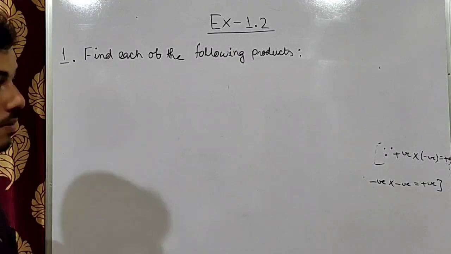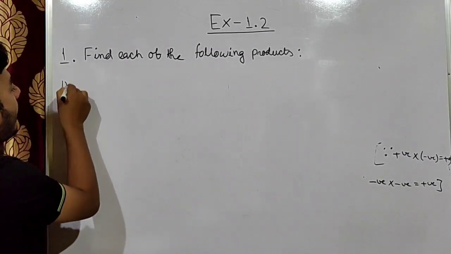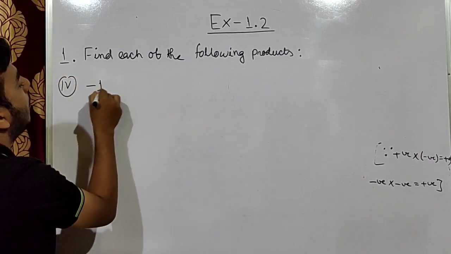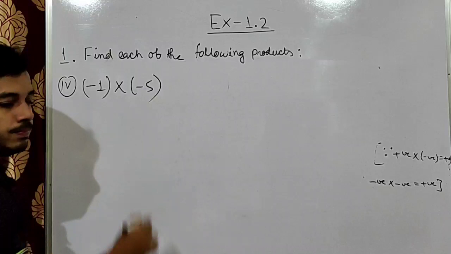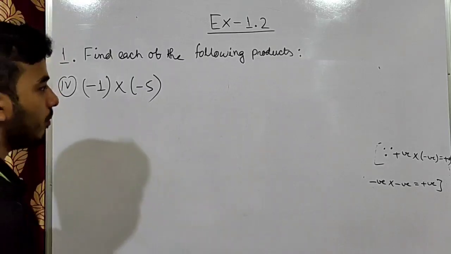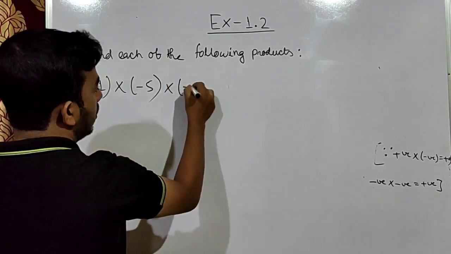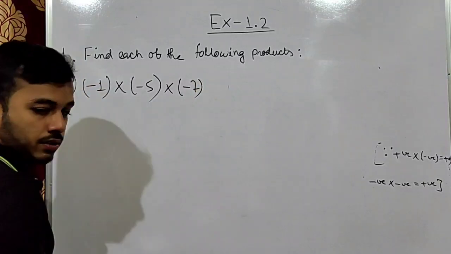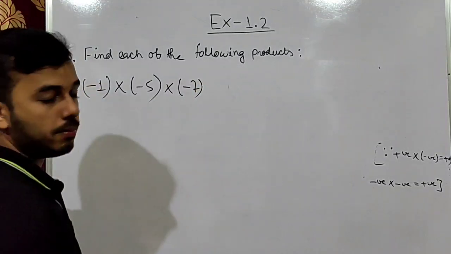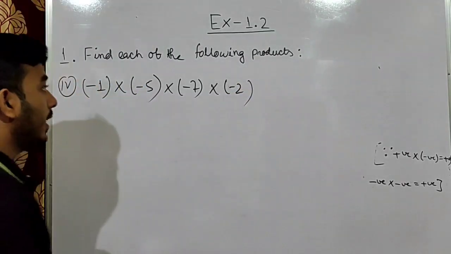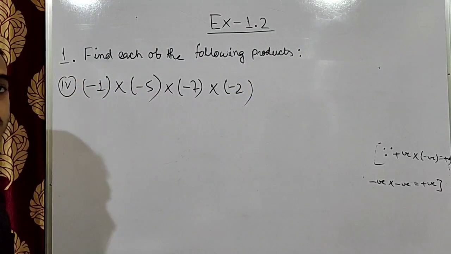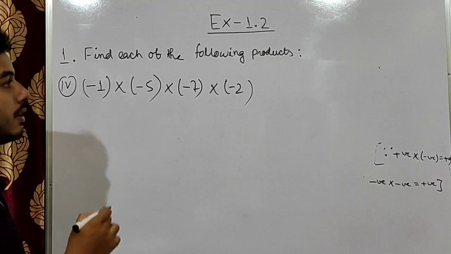Minus 1 into minus 5 into minus 7, then minus 2. Look here, we have multiplied 4 integers and all of them are negative.